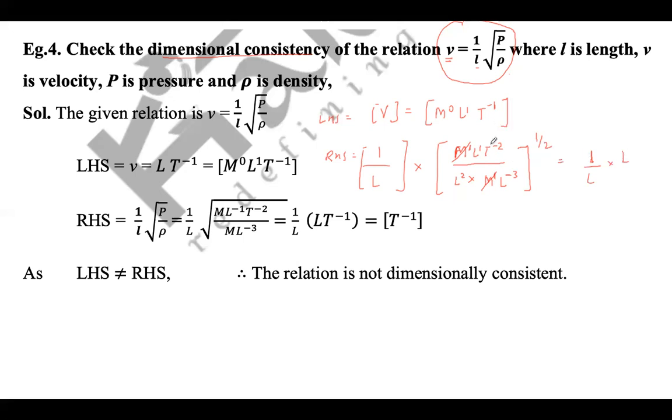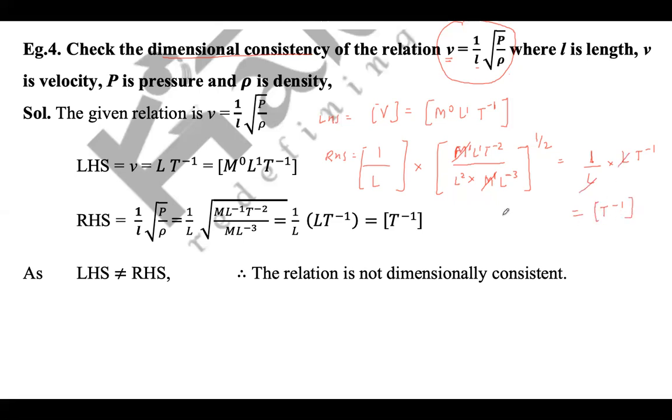So this is T minus 1. So this is L into T minus 1. So this is L and this L gets cancelled. So we'll have this is equal to T to the power minus 1. This L and this L gets cancelled.